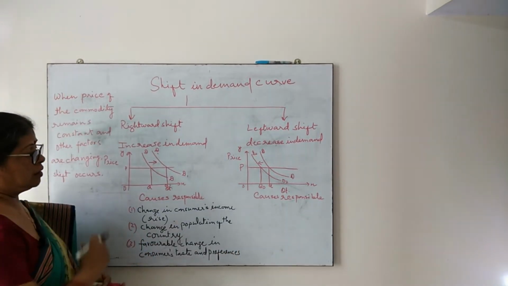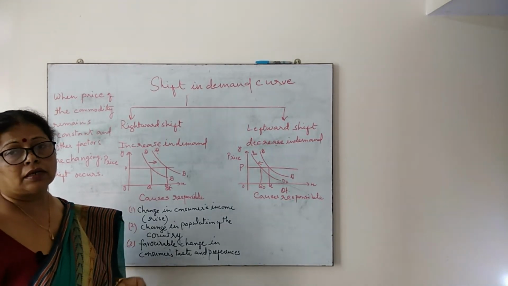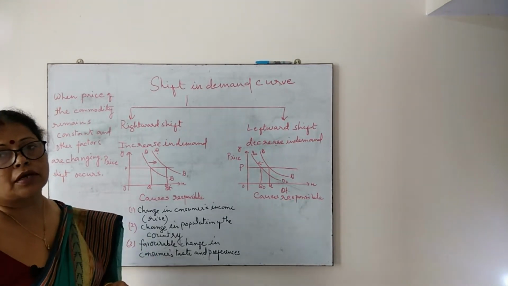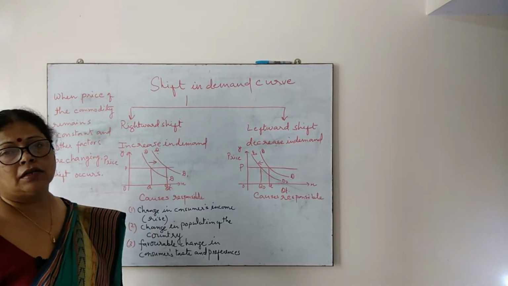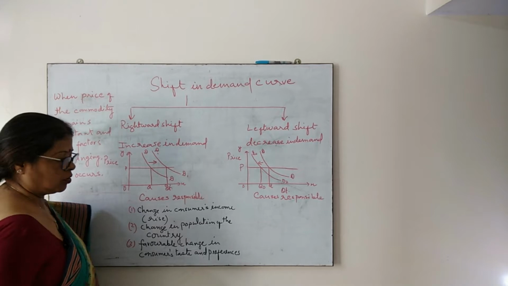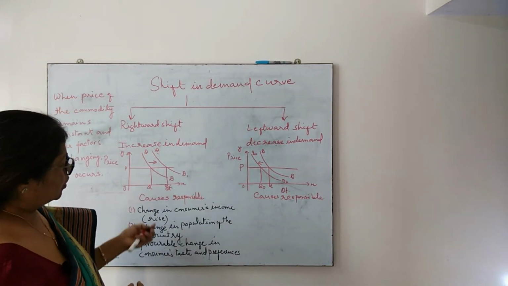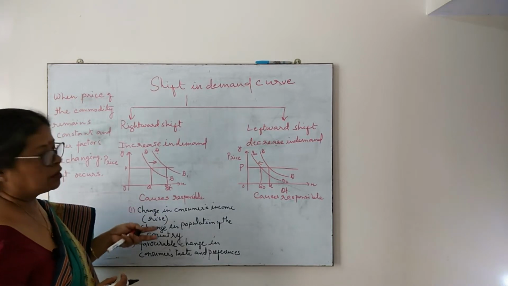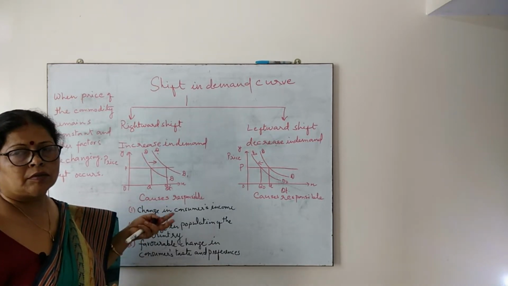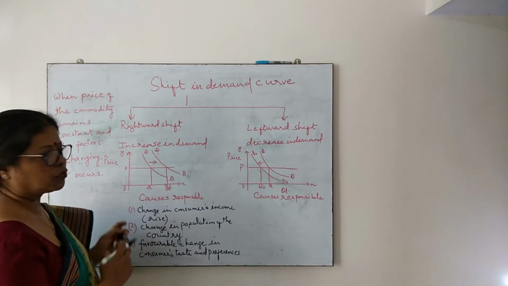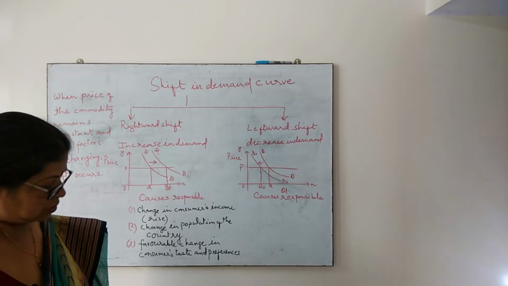Means, if a new product is launched in the market and consumers are liking that product, then demand for that commodity will rise, price remaining constant. So here you are explaining what are the causes responsible for shift. There are many, but these 3 or 4 points are enough for answering 2 or 3 marks questions.